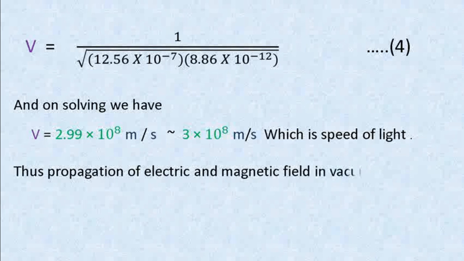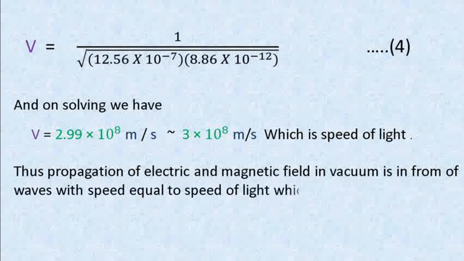Thus propagation of electric and magnetic fields in vacuum is in the form of waves with speed equal to the speed of light, which is 3 into 10 to the power 8 meter per second. Hence electromagnetic waves in vacuum travel with a speed of 3 into 10 to the power 8 meter per second.